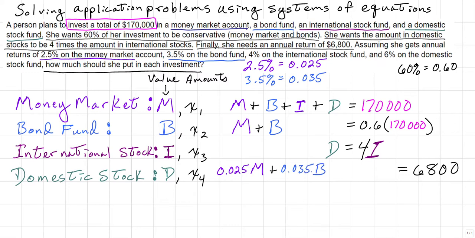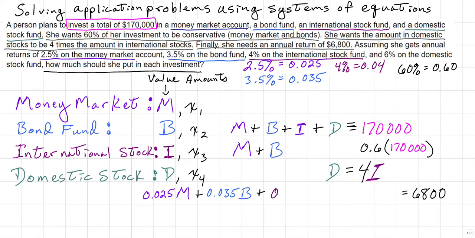And then we're going to add to that the next component, which is going to be 4% on the international stock fund. So 4% is going to be equal to 0.04. Let me drop down here because I'm not going to have sufficient room, and actually let me rearrange this.